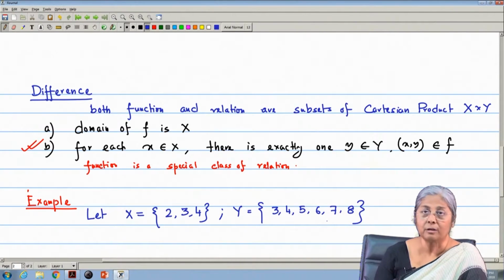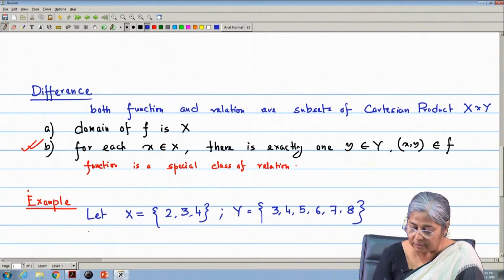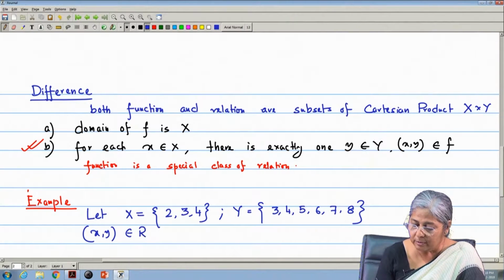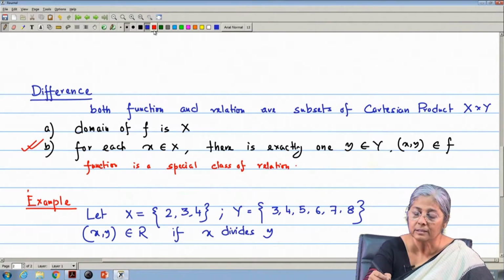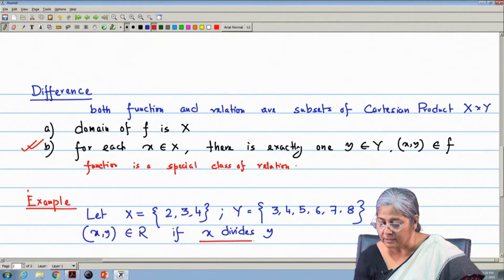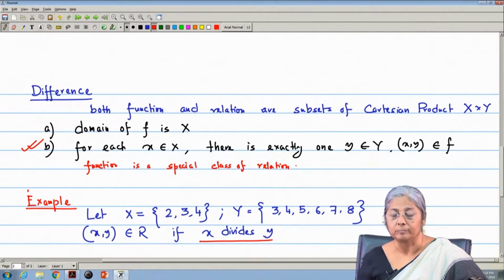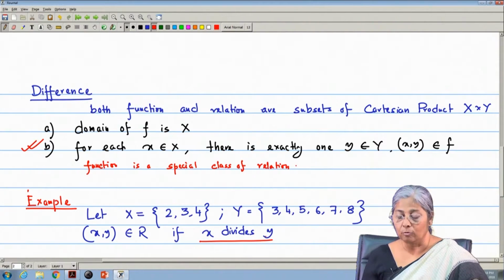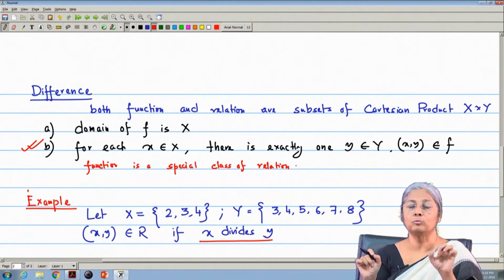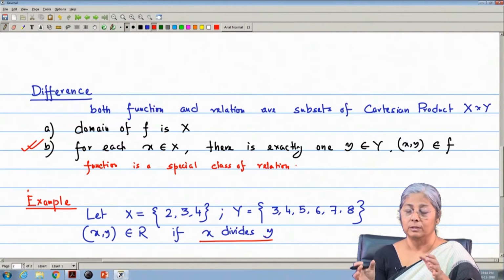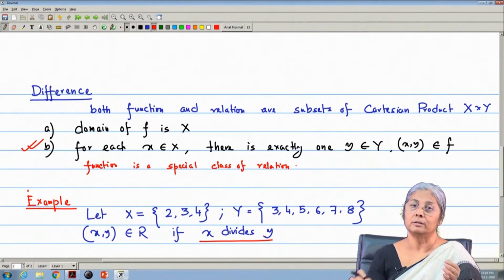The relation is that X Y belongs to R if X divides Y. So, this is the relation between the elements of X and the elements of Y, consisting only of those pairs where X divides Y.